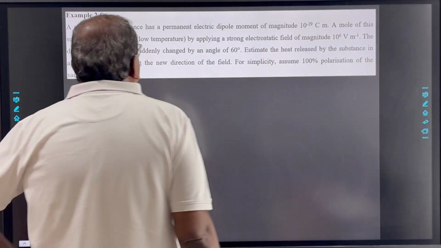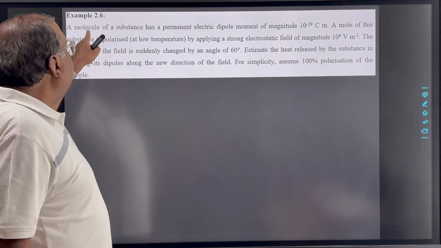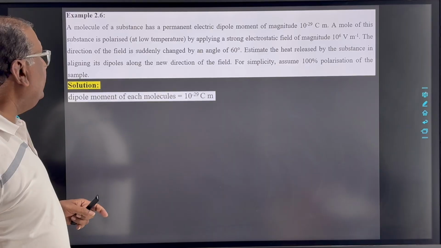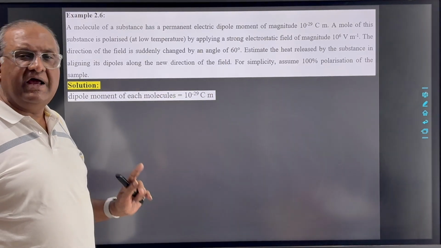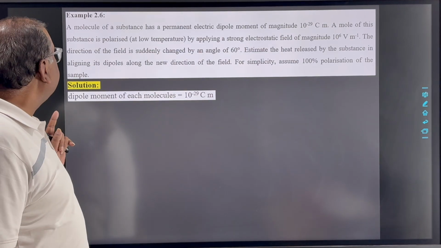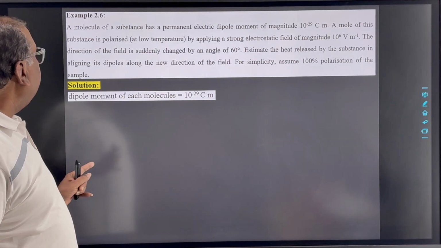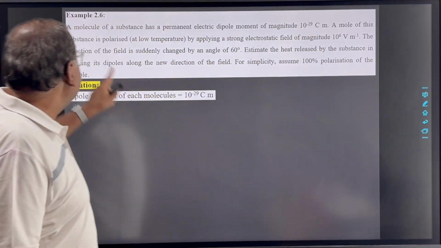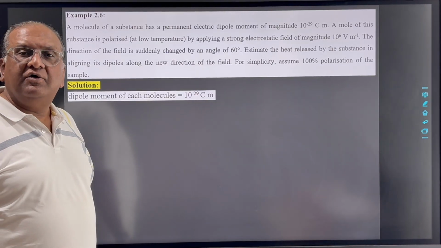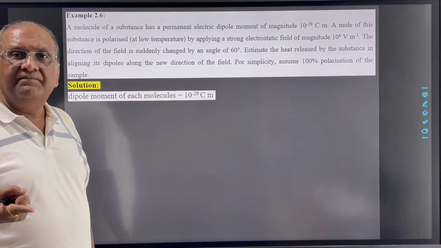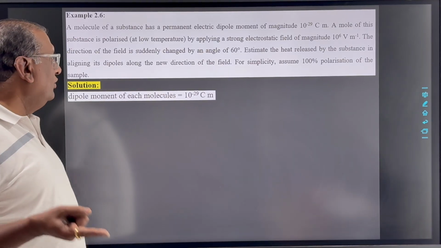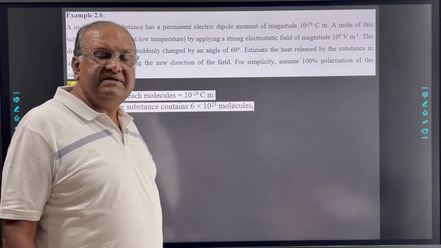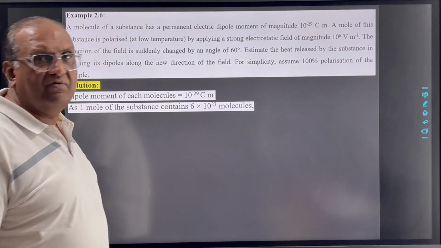Now see here, it is given the molecular dipole moment, that is 10 raised to minus 29 coulomb meter. So the dipole moment of each molecule is this much. A mole of this substance is polarized. We know that in one mole there are Avogadro's number of molecules, that is 6 into 10 raised to 23 molecules.